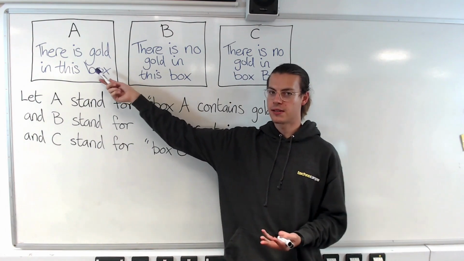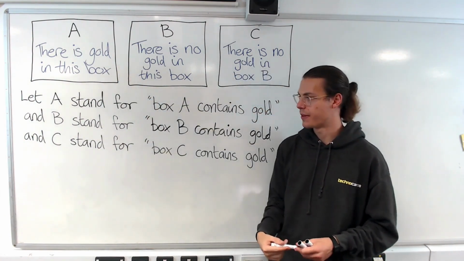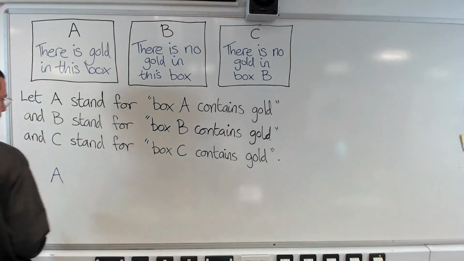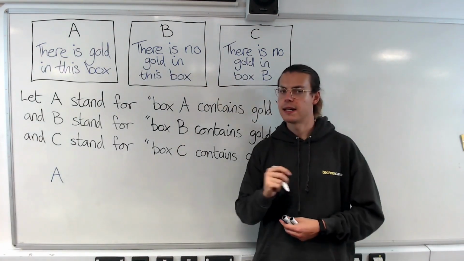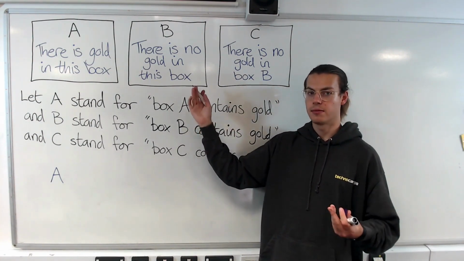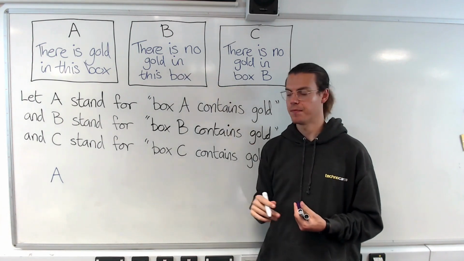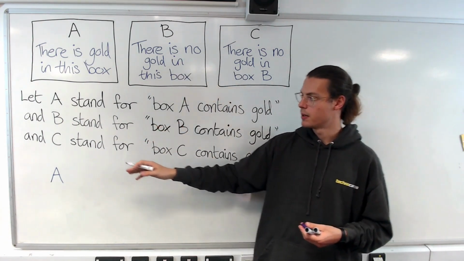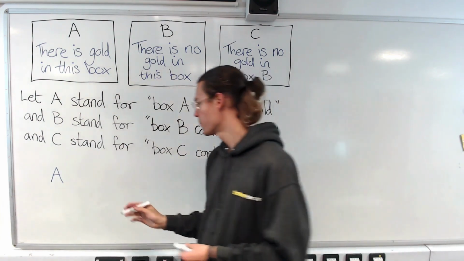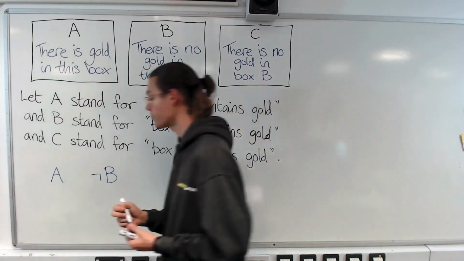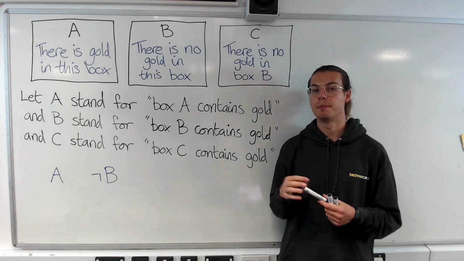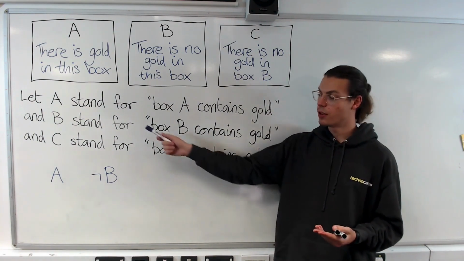In other words, there is gold in box A. So that is represented by A. Box B says there is no gold in this box. In other words, there is no gold in box B. So that is represented by not B. B does not contain gold. And box C says there is no gold in box B. So again, not B.